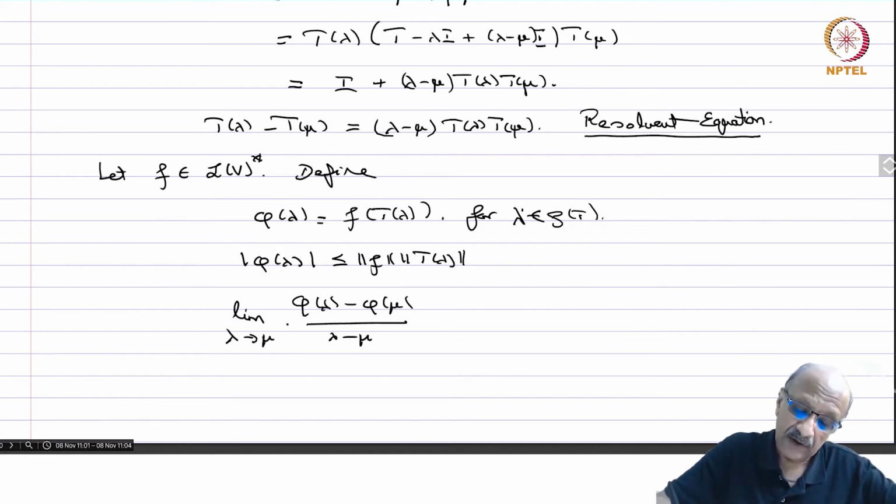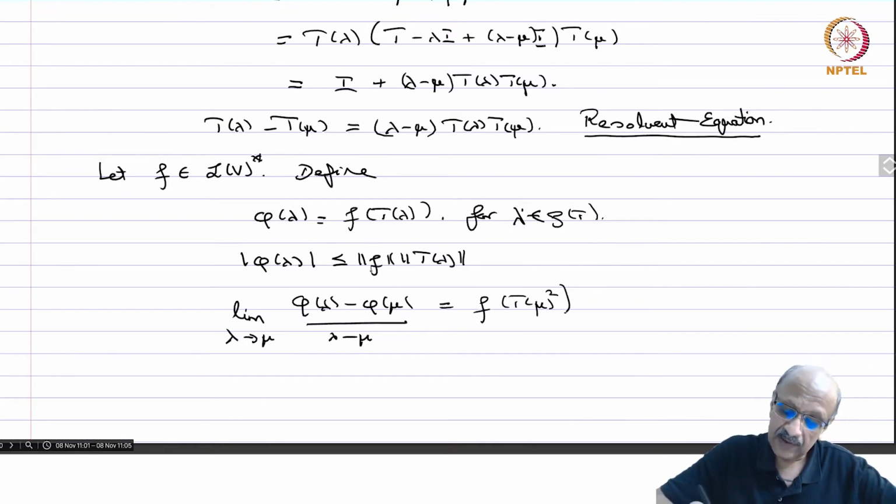From the resolvent equation, this is nothing but f of T_mu square. Sorry, T_mu square is an operator, f acts on it. So (phi of T_lambda minus phi of T_mu) by (lambda minus mu) is phi of T_lambda T_mu as lambda tends to mu, and therefore that goes to f of T_mu square.